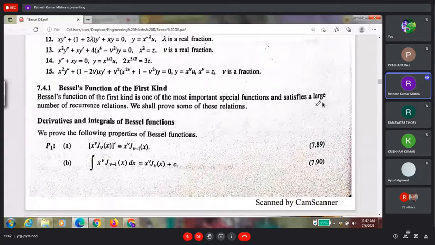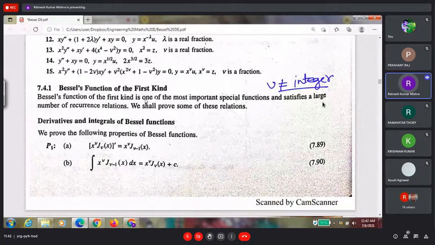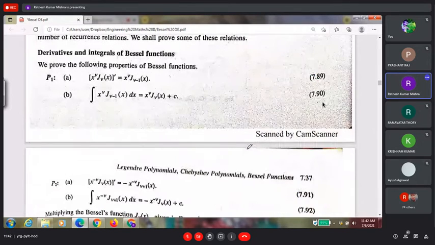So now if v is not equal to an integer, then we can find the Bessel function of the first kind, and v equal to integer, we will find the Bessel function of the second kind. So for the Bessel function of the first kind, we prove the following properties of Bessel function: a, b.